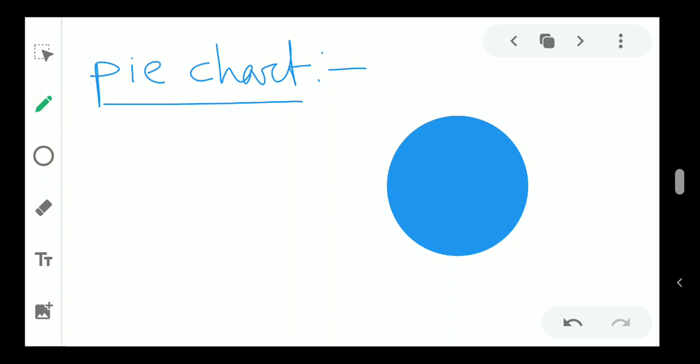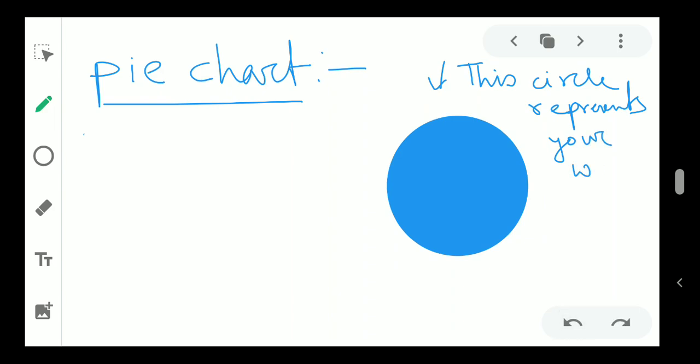Let's say your routine. First I will write that this circle represents your whole day. So this circle means your whole day.